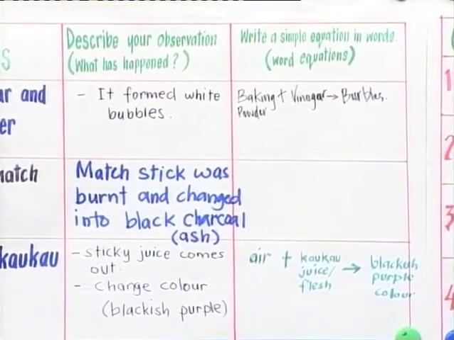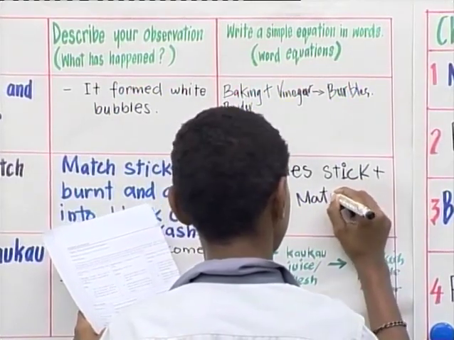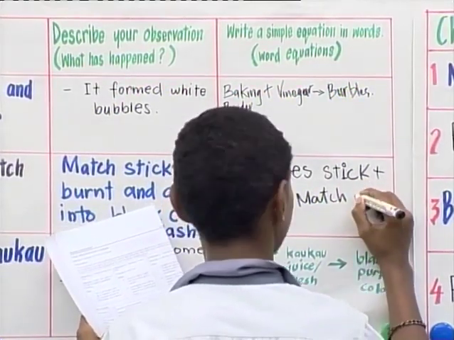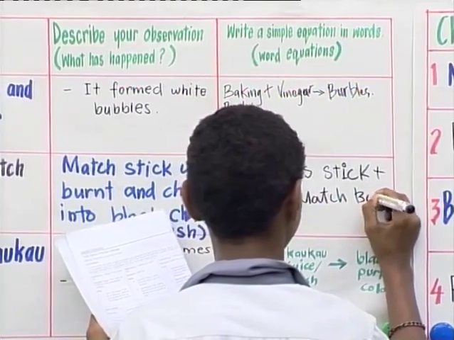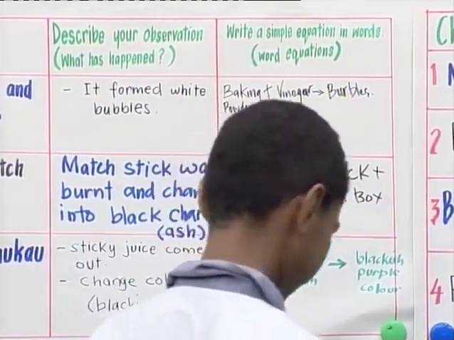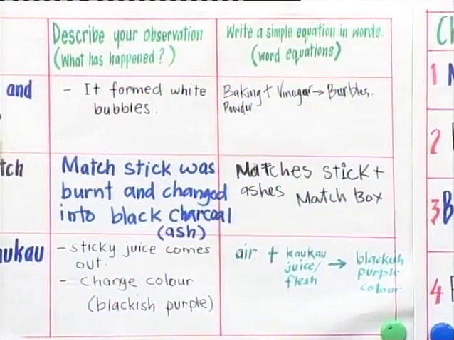Okay, Sconti will come and write down the word equation up there. Okay, Sconti has written down his word equation.